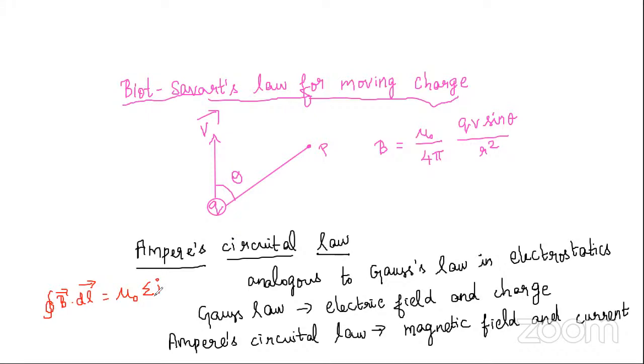Using it, you can easily do the calculation of magnetic field. So this is the significance of Ampere circuital law: simplification of the formula for finding the magnetic field.